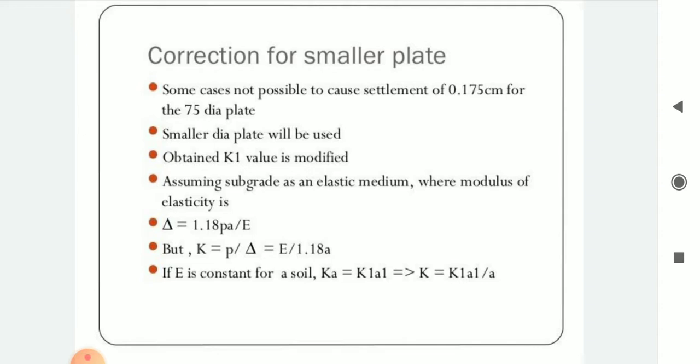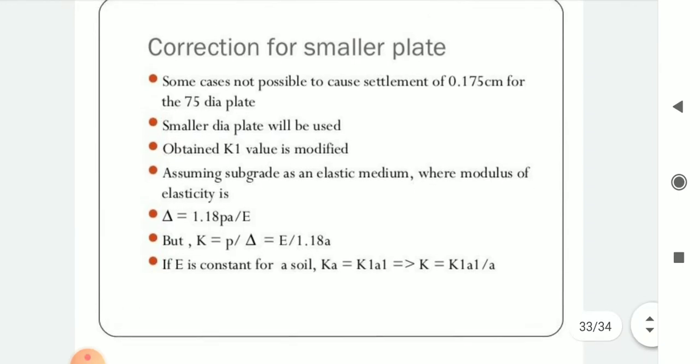The obtained K1 value is modified, assuming the subgrade as an elastic medium where modulus of elasticity E: delta is equal to 1.18 Pa divided by E, but K is equal to P divided by delta, which is equal to E divided by 1.18 A. If E is constant for a soil, then K is equal to K1 A1 divided by A.